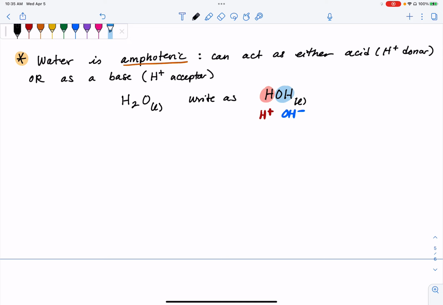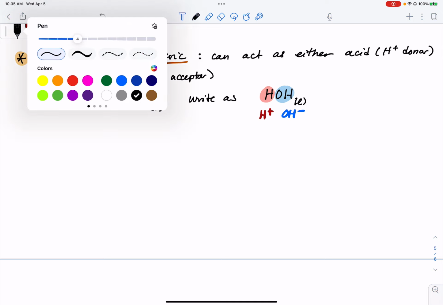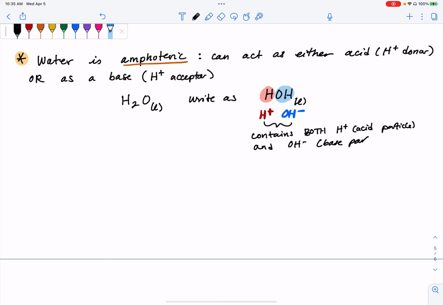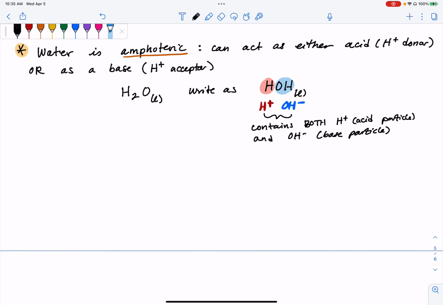So notice, water is composed of both a base particle and an acid particle. This is what makes water amphoteric.